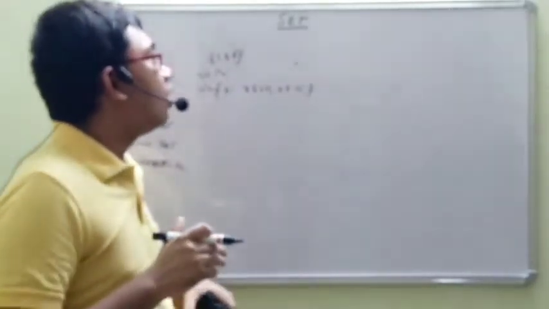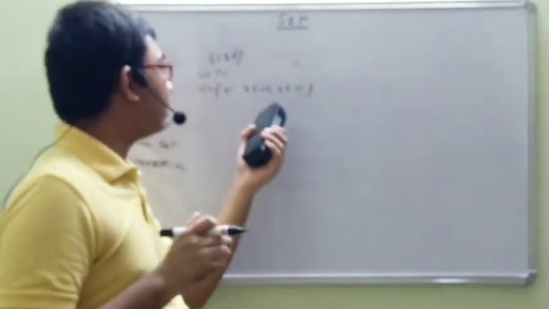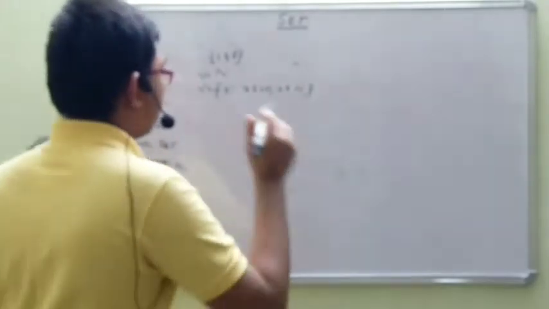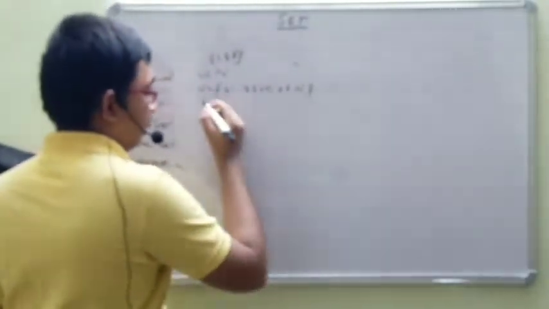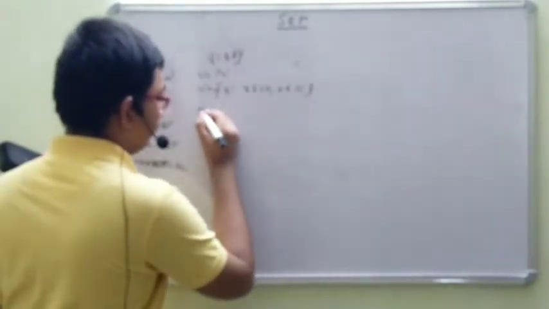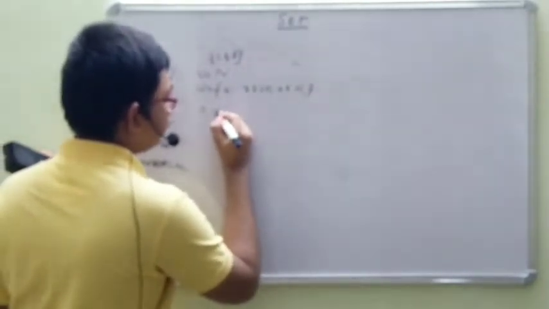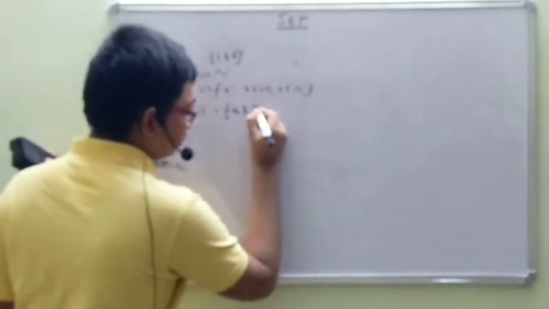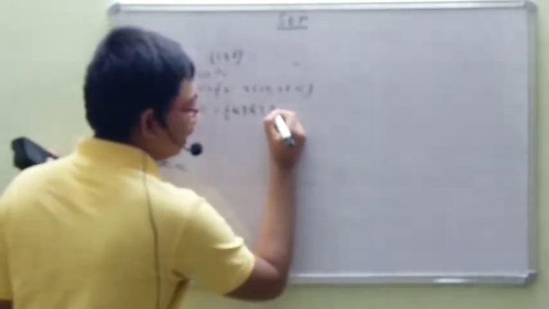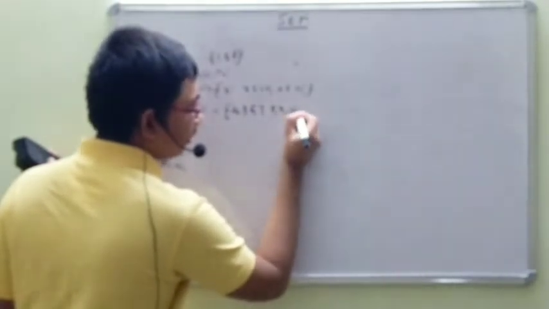So this is the given set, A, which is 1, 2, 3, and let's take U as 1, 2, 3, 4, 5, 6, 7, 8, 9, 10. Now, let me give you a set B, that is 4, 5, 6, 7, 8, 9, and 10.